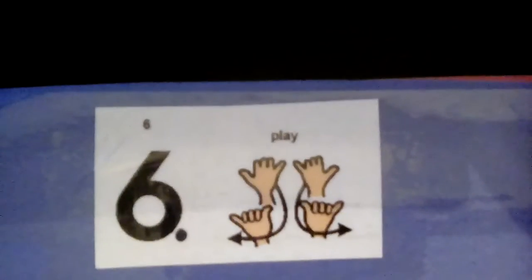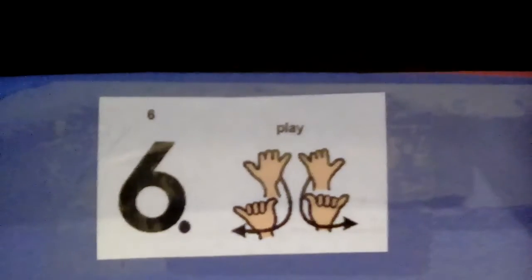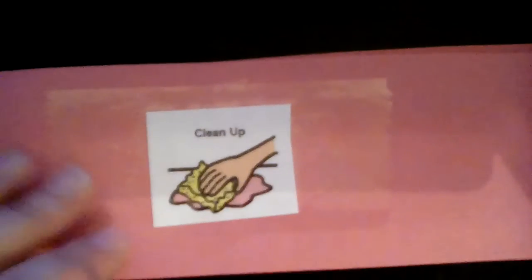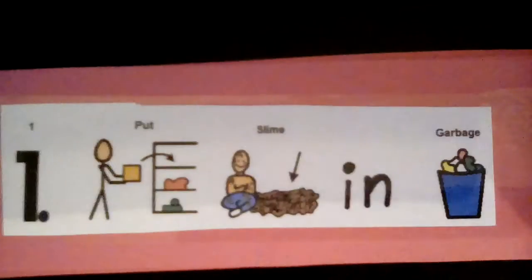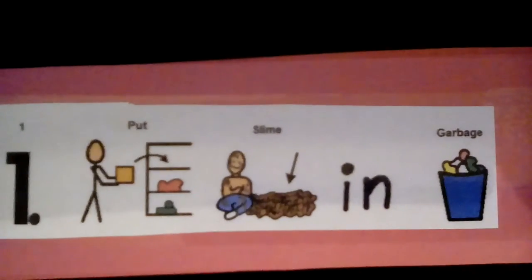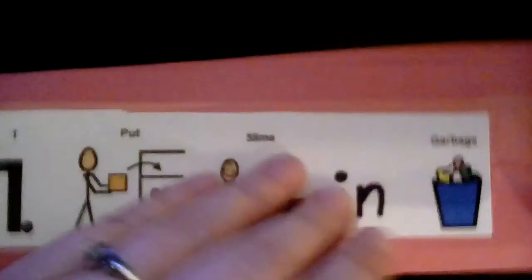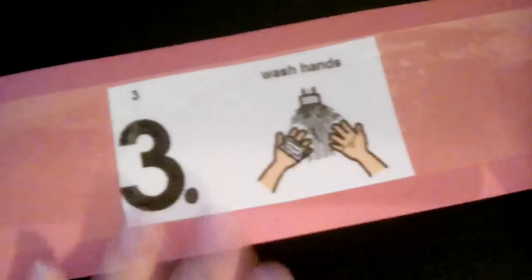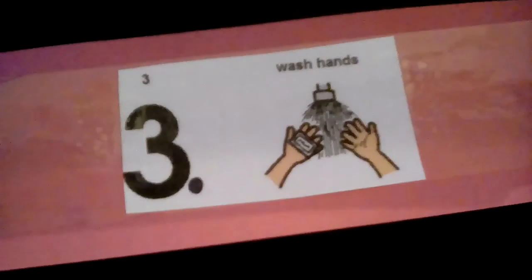And you can see the sign language for play that she knows very well. In the cleanup section, represented by the red, to show her to stop. Again, there's also sight words written in, so she can see those, read those, and understand the word. And again, very familiar pictures. Simple, yet effective.